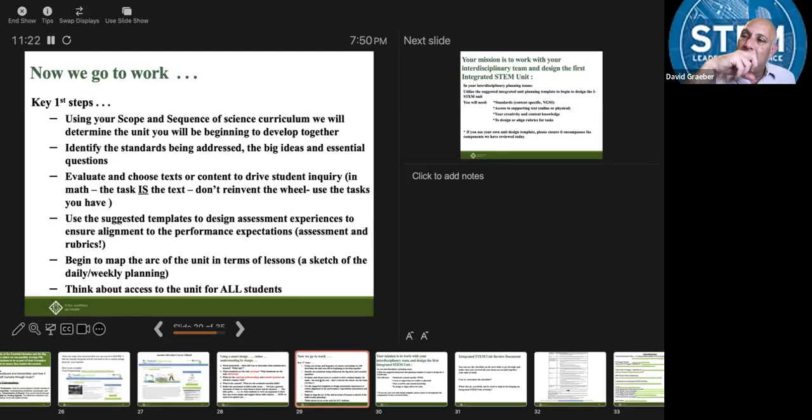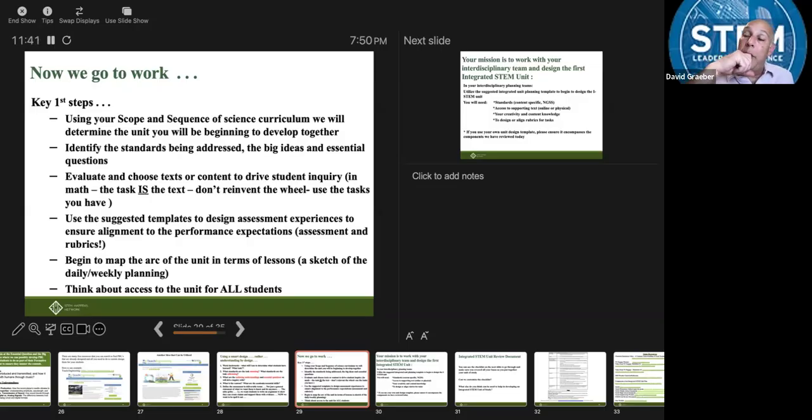Evaluate and choose the texts that you're using to drive the student inquiry. In math, the tasks that you ask generally are the text, so you don't have to go looking for math books or math articles. Don't reinvent the wheel. Use tasks that you have.